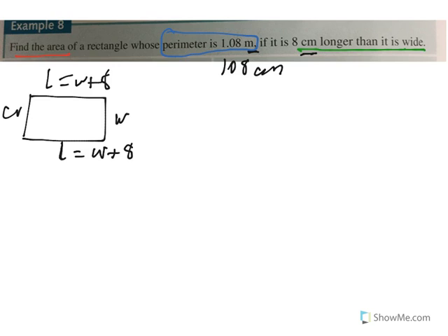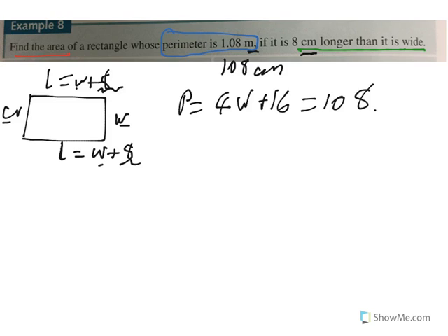If we add all of those up, we've got 1, 2, 3, 4 W's. So the perimeter is 4 W's, plus an 8 here and an 8 here, so that's 16, and we know that's 108.